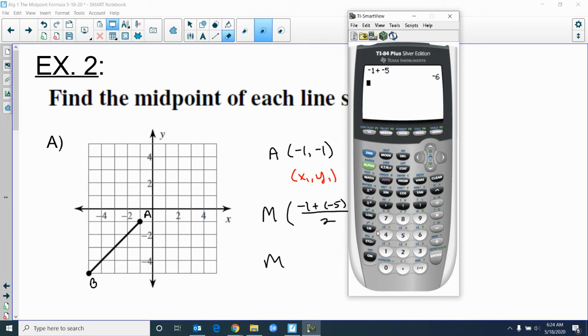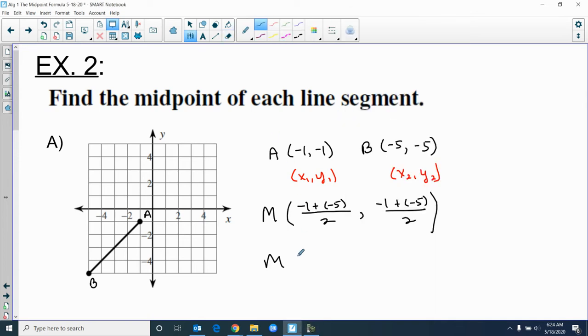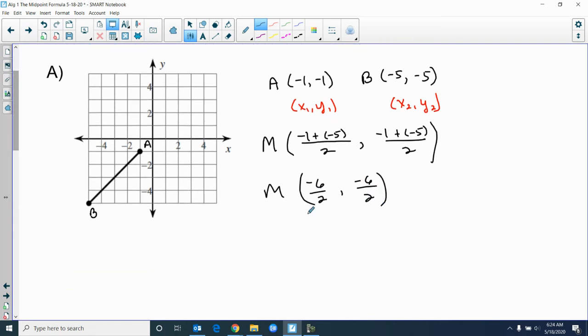And then the second one was the same thing, -1 plus -5. So right here, that becomes -6 divided by 2, comma, -6 divided by 2. Since those work out to whole numbers, we want to take it down to whole numbers. And actually, you have to do that.